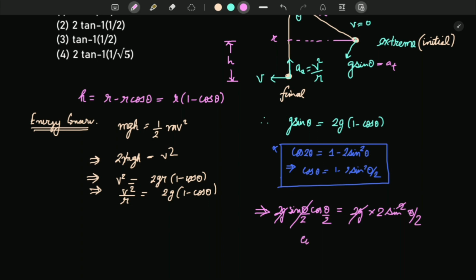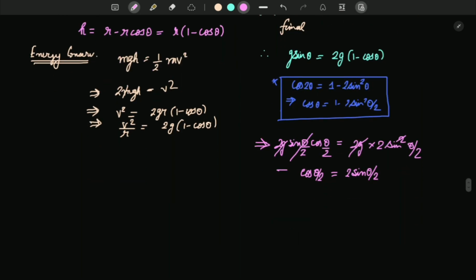Ultimately I am left with cos theta by 2 equals 2 sine theta by 2. So further I can say tan theta by 2 equals half. So we need our angle of deflection theta, which is theta equals 2 tan inverse half.